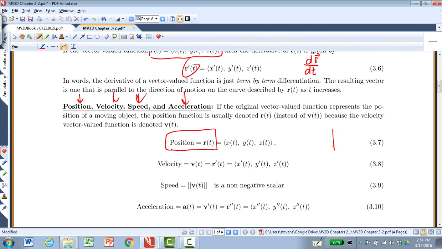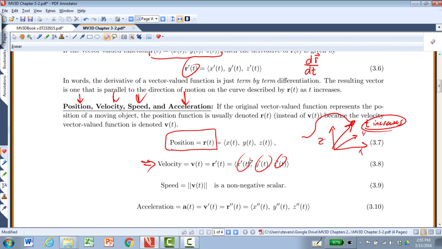It gives us the location in 3 space, if that's x, y, and z. This position vector valued function will give us some point in 3 space, or 2 space. But that position will move as t increases. That vector will move around. As it moves around, that will create a velocity vector valued function, which is just the derivative term by term of the position function.